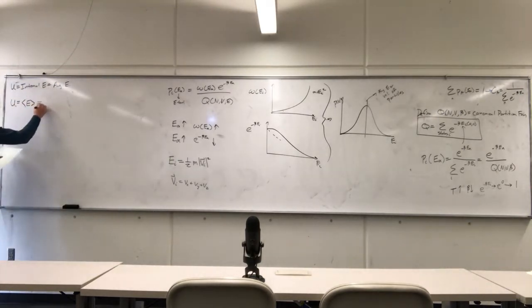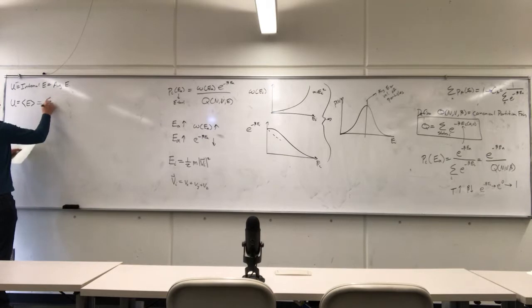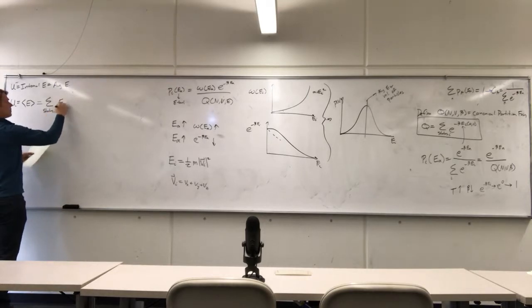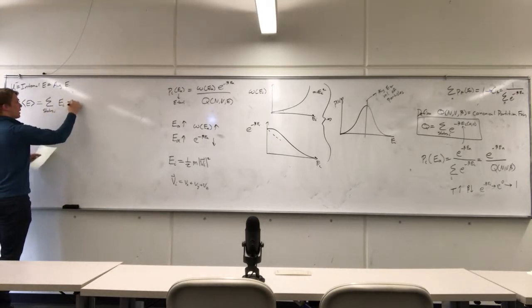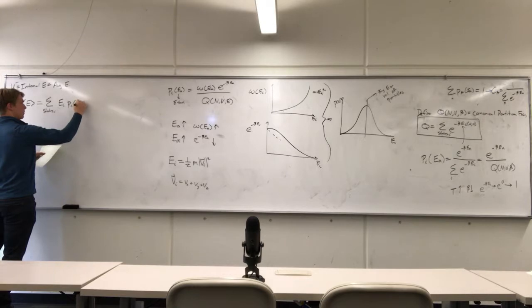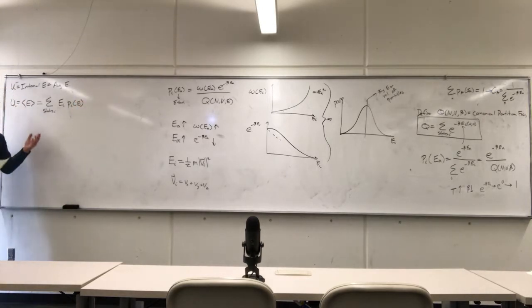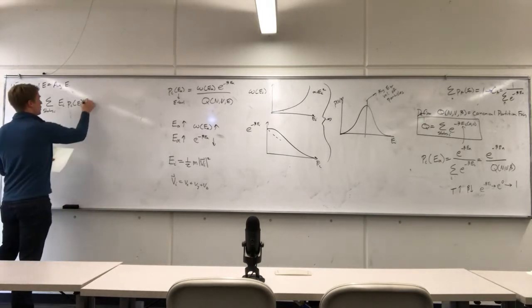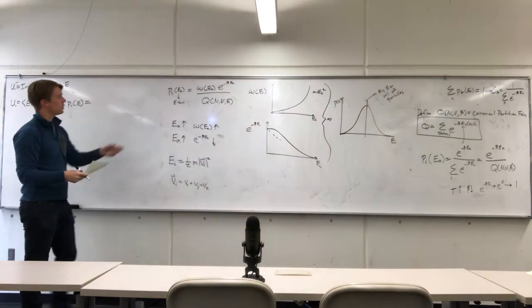So to get the average energy, we're going to add up all the different energy states i, and we're going to multiply them by their probability. So this is a weighted average of the energy of the system. We substitute in our definition for the probability.